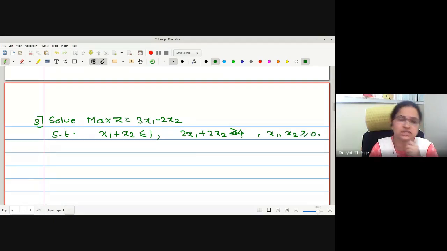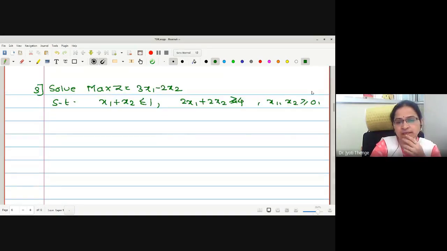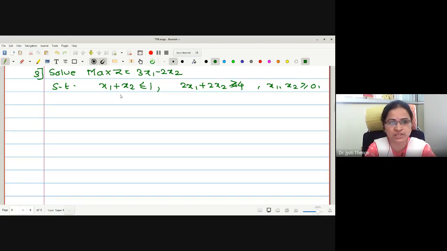If you look at the second inequality, 2x1 plus 2x2 greater or equal to 4, but if I divide throughout by 2, it is x1 plus x2 greater or equal to 2. Therefore, these two lines must be parallel with different x intersection.